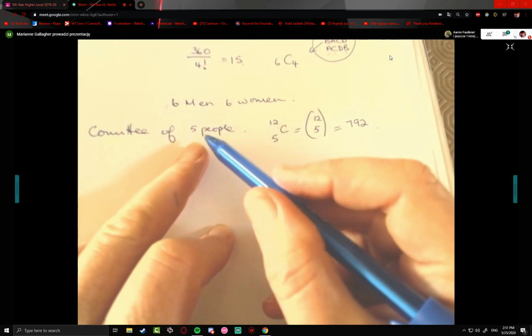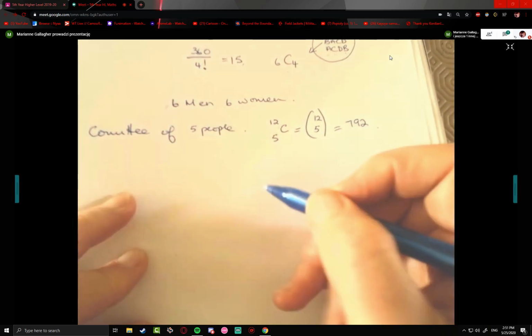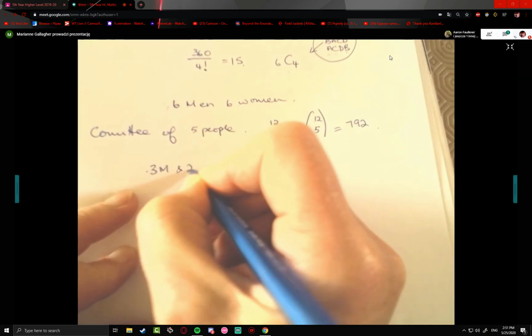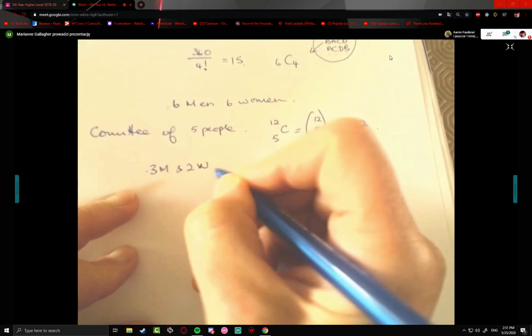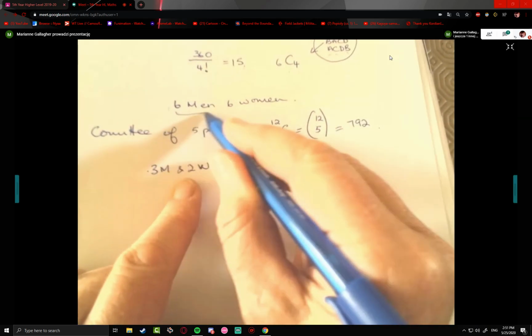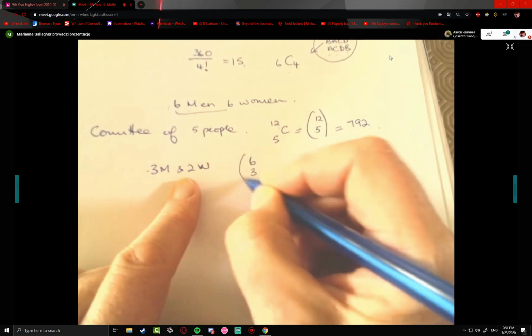Now, if the committee has to have, say, more men than women, so say it has to have 3 men and 2 women. I want to choose 3 men out of the 6, so it's 6 choose 3.